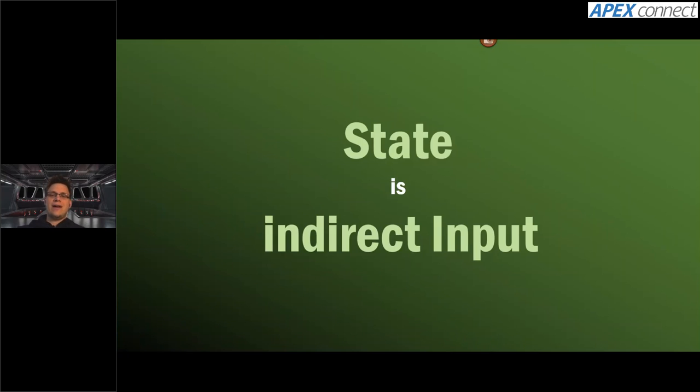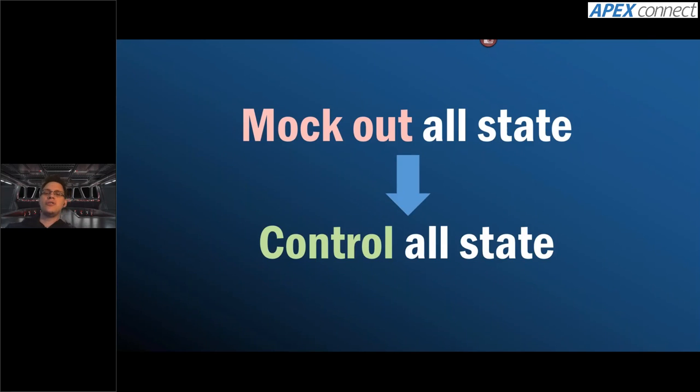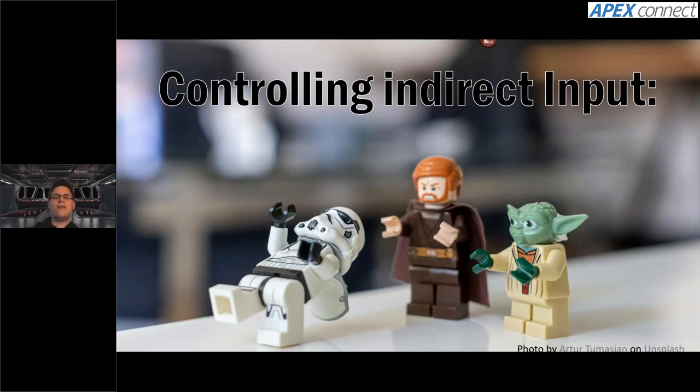So all state is basically indirect input. And therefore we can change this statement, and instead of "mock out all state" we can say "control all state". And let's do exactly this with our welcome functionality.